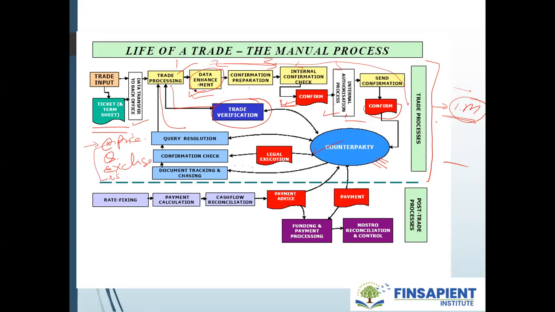So this is where the data enhancement and confirmation preparation dockets are involved. Though it is one flow to the office of the IM, in the second part of it the counterparties are involved. They will be providing all the essential information that we talked about here.